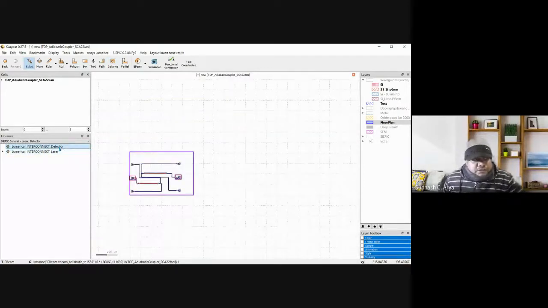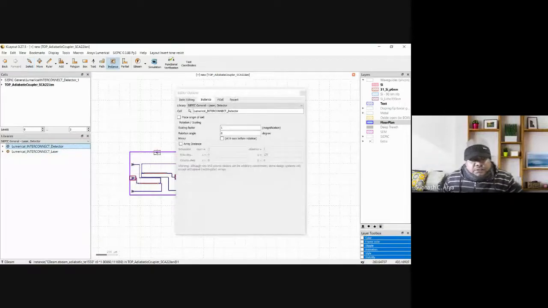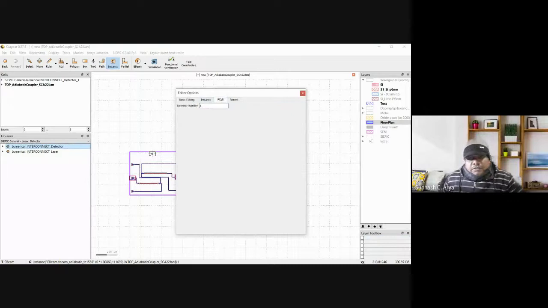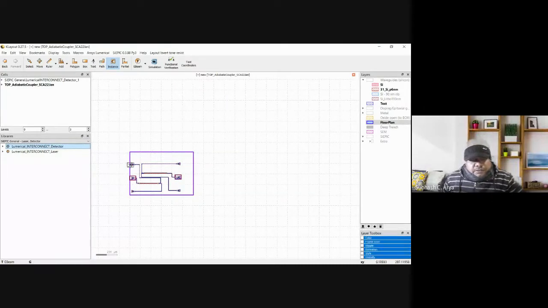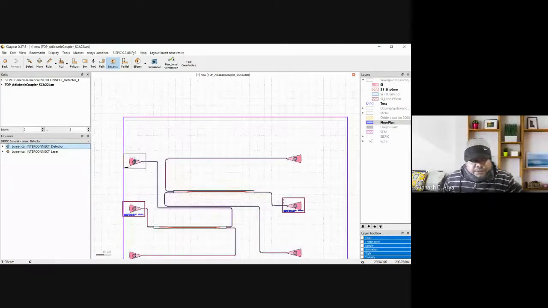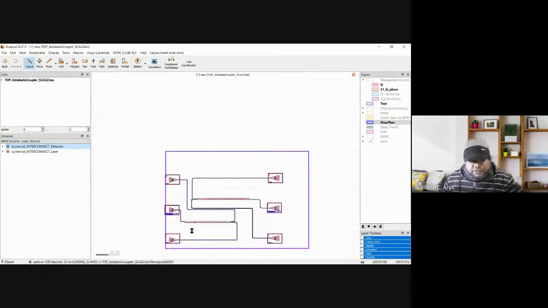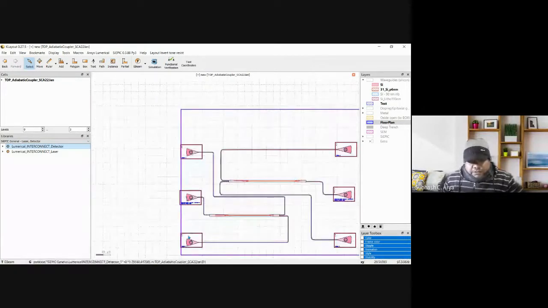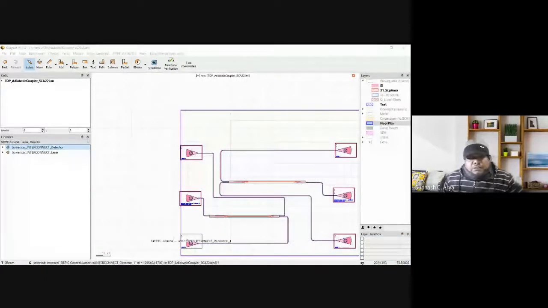So this is photodetector 1. Okay, this will be 1, this will be 2, this will be 3, this will be 4. So let us change the name here, photodetector 2.